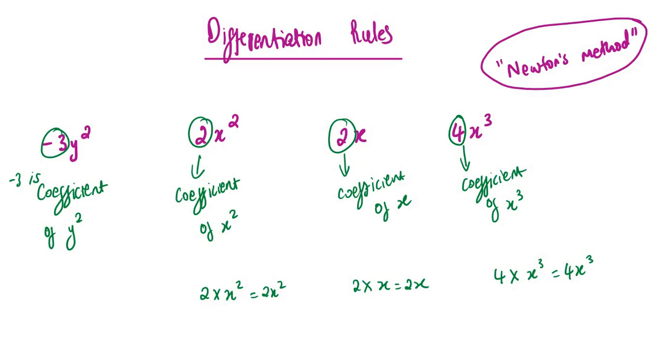Good. Now we understand what is a coefficient, isn't it? By now, at this stage, I also know that you understand what is an exponent. That one, I would like to trust you guys that you do know what is an exponent.